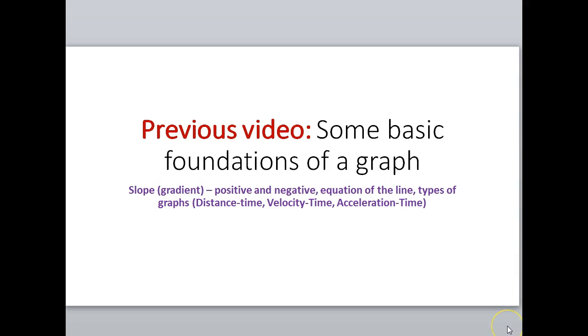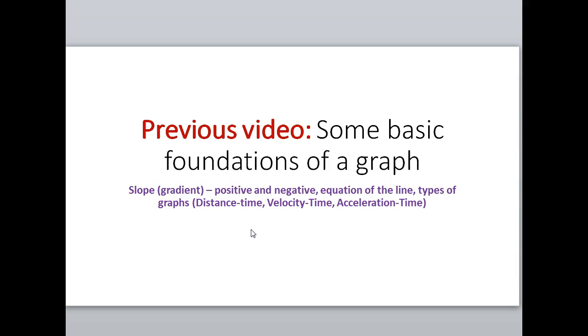Just continuing to create these videos about physical science. In the previous video, I discussed some basic concepts. The slope could be positive or negative, depending on the direction in which it's pointing. I showed the equation of the line, the coordinates, and the types of graph. We have the distance time graph, velocity time graph, and also acceleration time graph.